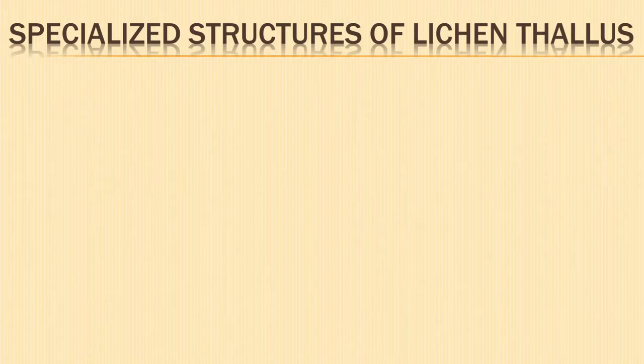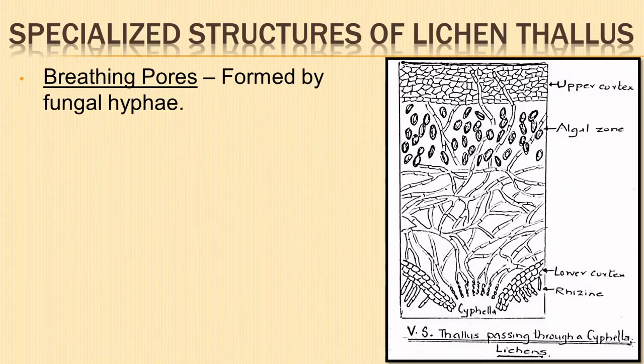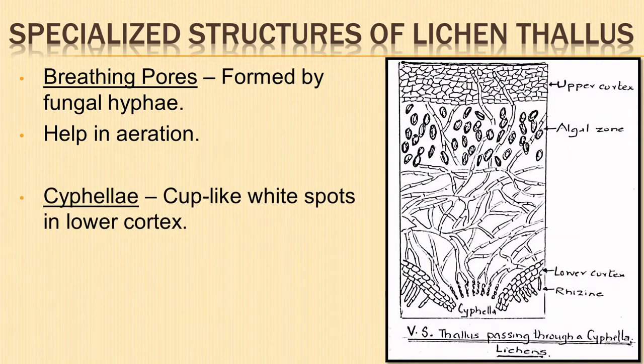Next, let us learn about the specialized structures of lichen thallus. Breathing pores. In certain lichens, the fungal hyphae in the upper cortex become loosely interwoven at certain places, forming breathing pores which help in aeration. Cyphellae. In certain lichens, there are cup-like white spots in the lower cortex.